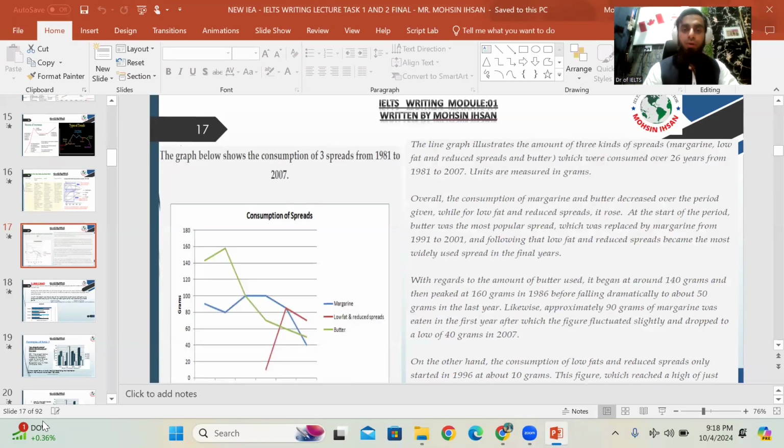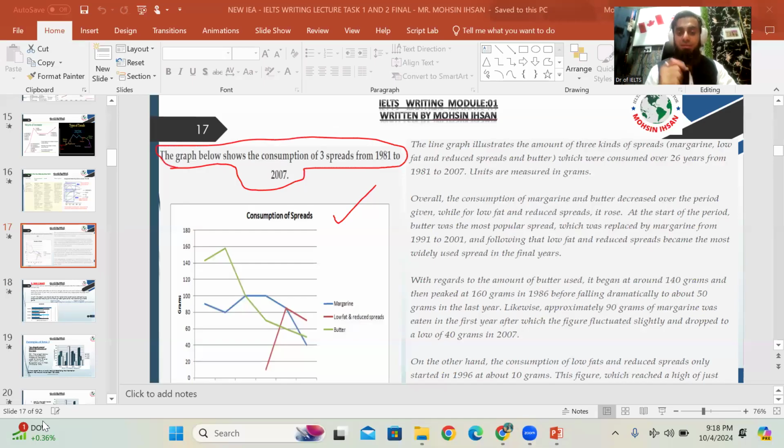Now for instance, we are going through the line graph. In the line graph, for the introduction, we have to do two things. The question that will be given to us, we have to change some words. We have to synonymize it, right? We have to use the paraphrasing technique, like in an essay introduction. Here the same goes: use different words in your introduction, and also compare the diagram with it.